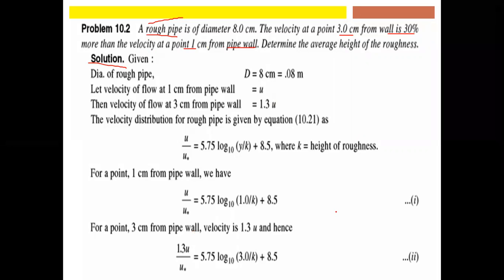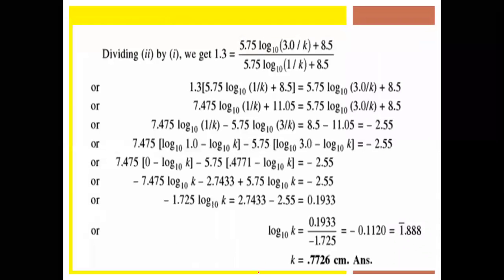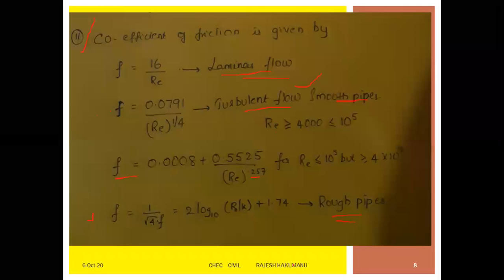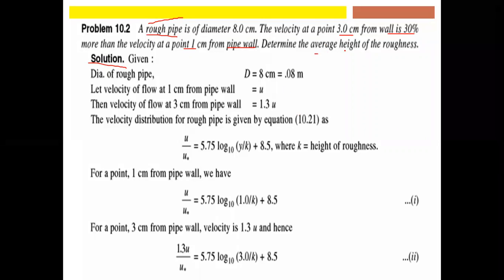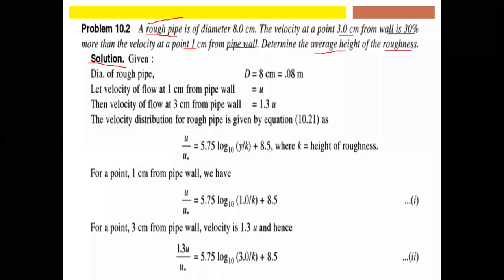So we have to find the value of K. Roughness means K; average height means K.